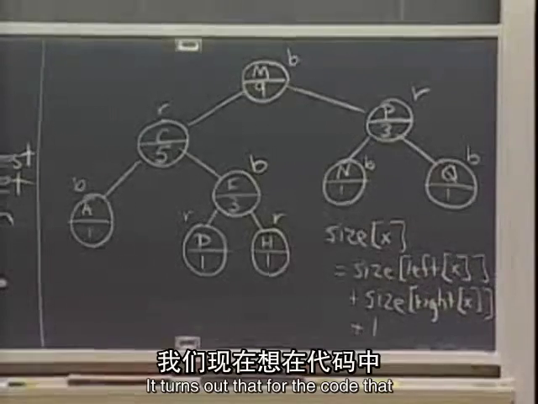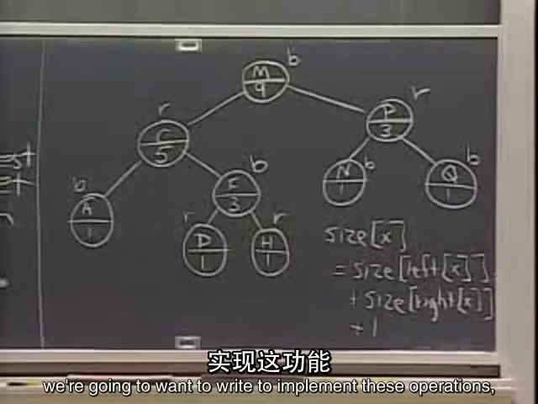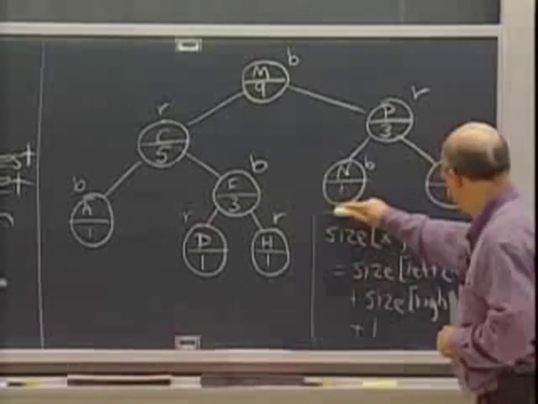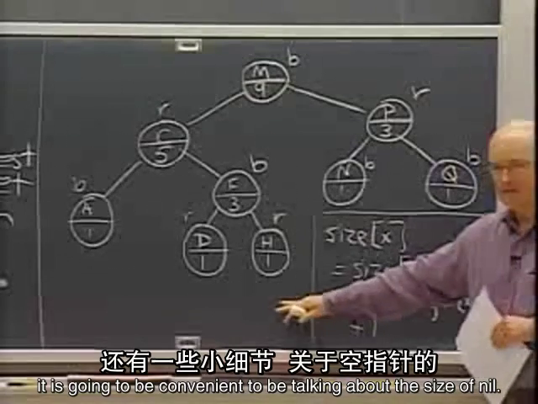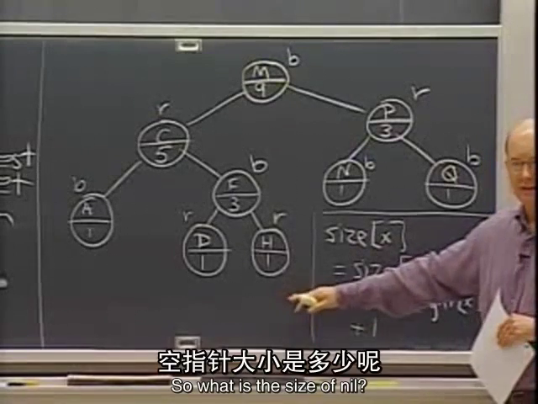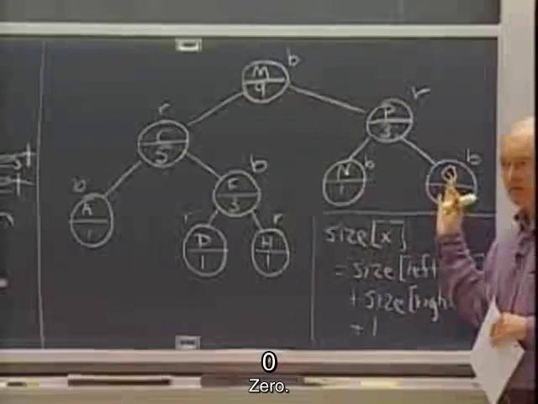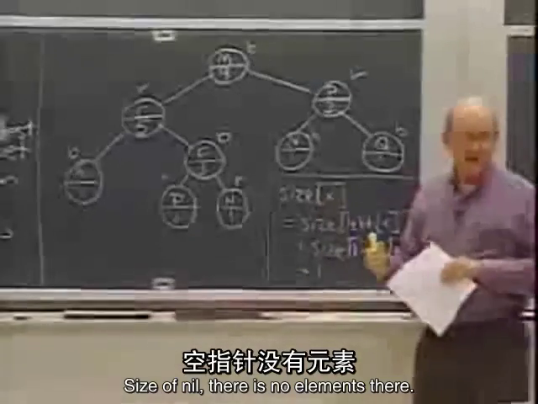It turns out that for the code that we're going to want to write to implement these operations, it's going to be convenient to be talking about the size of nil. So what's the size of nil? 0. Okay, size of nil, there's no elements there.